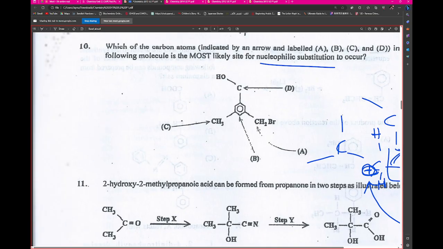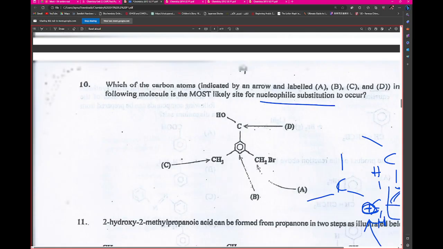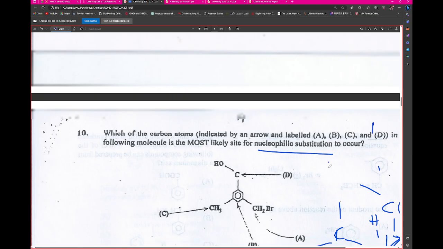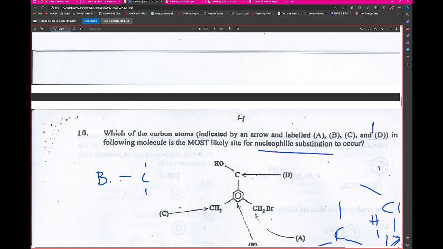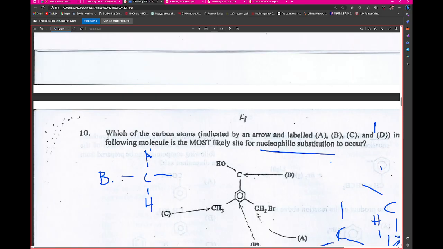Let's see this. What I'm saying is that we're going to have, hold on. Let's say that we have the bromine attached to carbon, which has, well, the hydrogens here, attached to the ring.